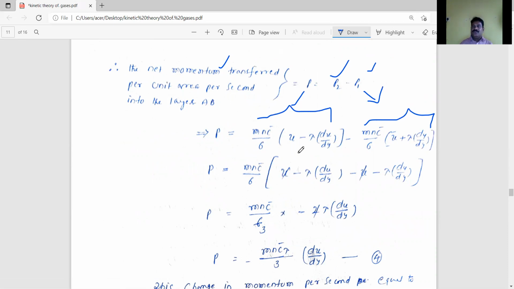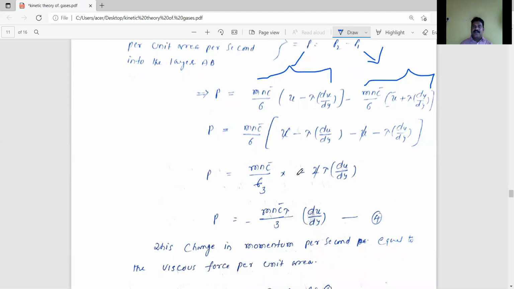Now, if you take m n c bar by 6 as common, then within the brackets you have u minus lambda du by dy minus u minus lambda du by dy. Now, u and minus u will cancel out. Then you get P equal to m n c bar by 6 into minus lambda du by dy minus lambda du by dy.